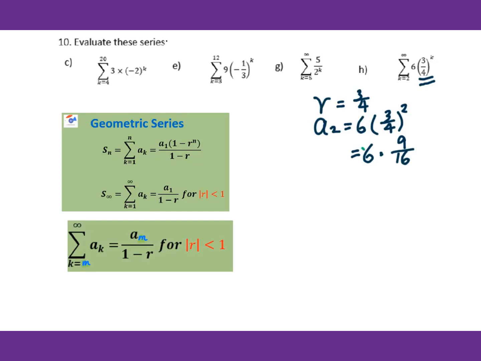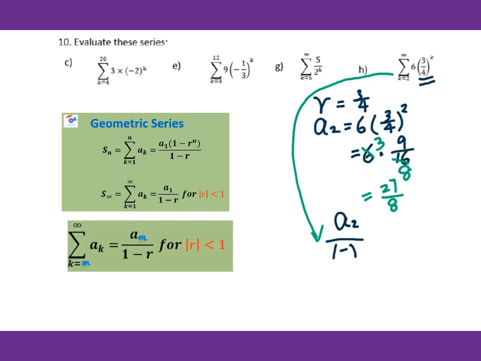Reduce by 2, we get 27 over 8. Now for this sigma, we have a sub 2 over 1 minus r. So 27 over 8 over 1 minus 3 over 4. That is 27 over 2.